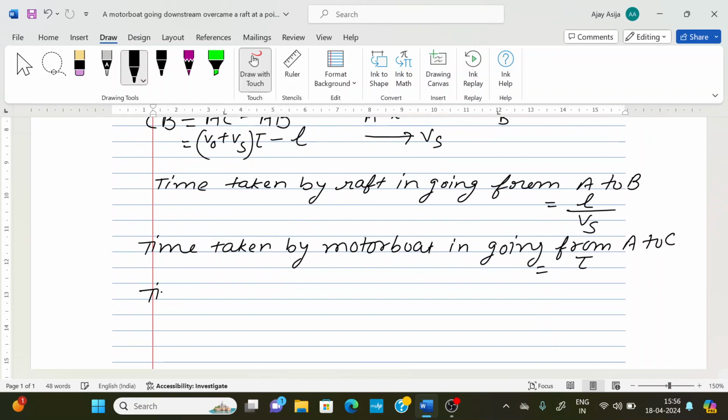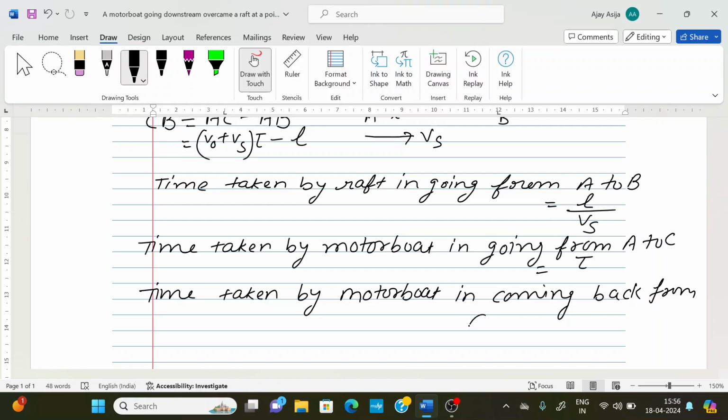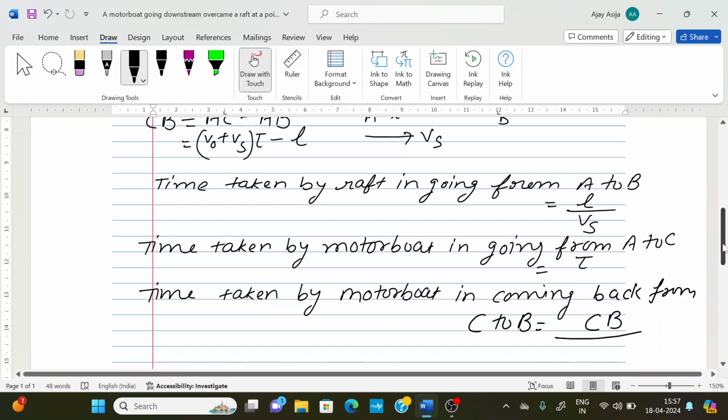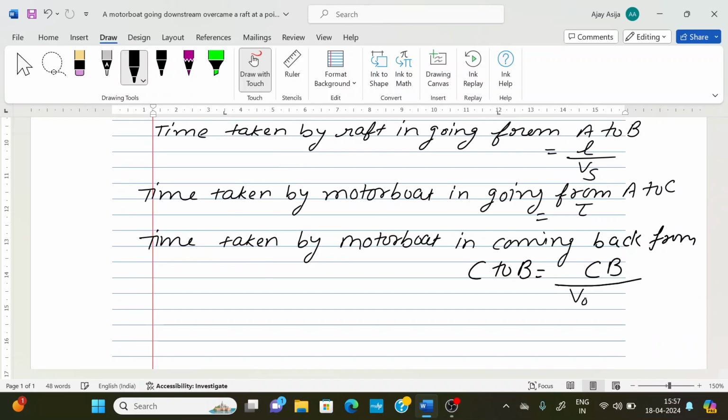And now the time taken by the motorboat in coming back from C to B will be equal to the distance CB upon the velocity of the motorboat during backward motion, which is V naught minus Vs.